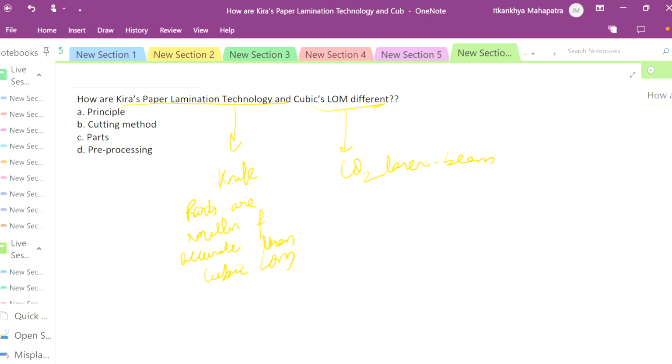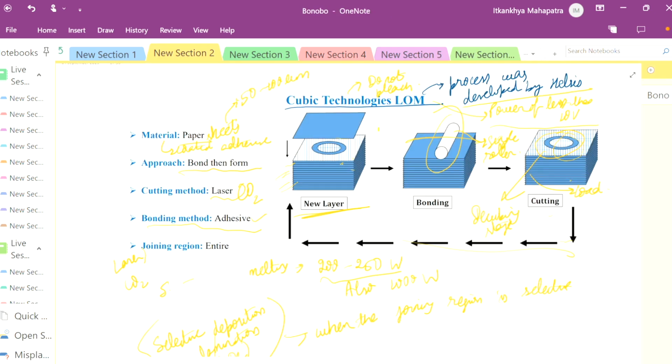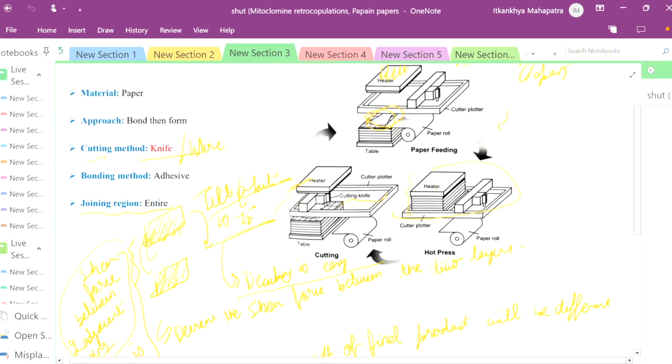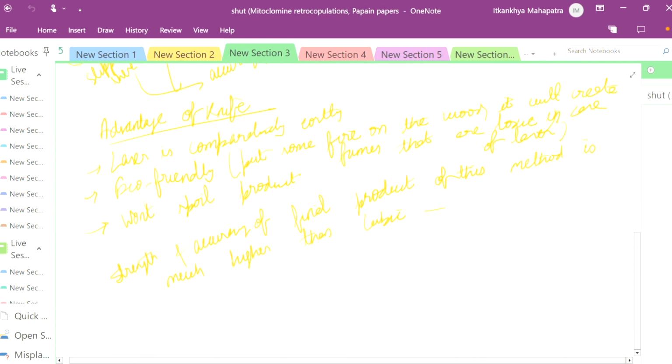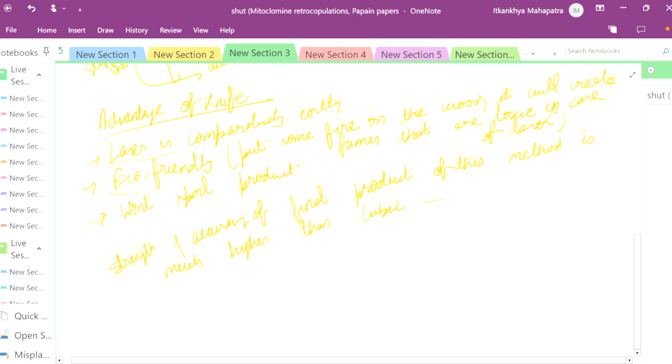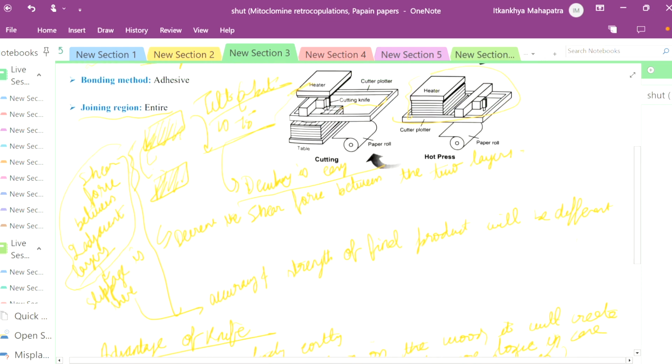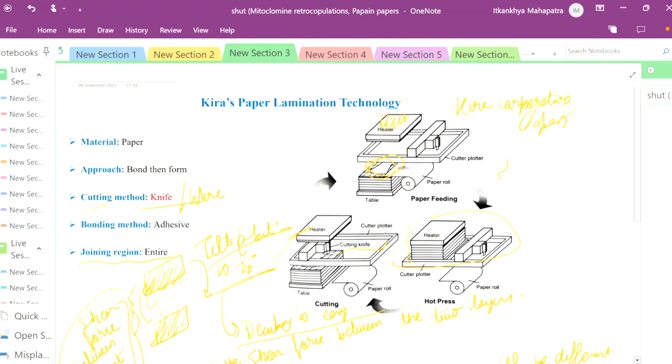We clearly discussed this, and the advantages of Kira's paper lamination technology also. The laser is comparatively costly, while Kira's paper lamination is eco-friendly and won't spoil the product. Strength and accuracy of the final product of this method are also much higher than cubic LOM.